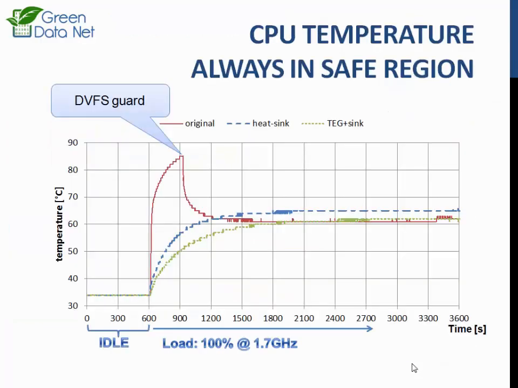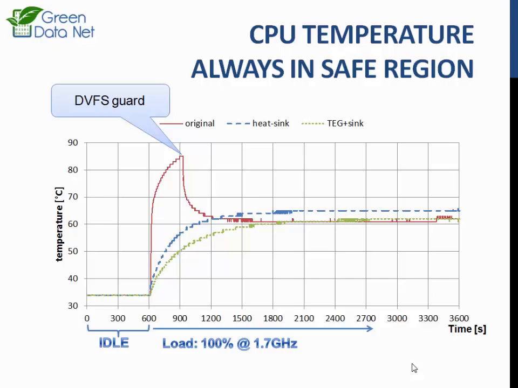We also tested the thermal stability of the system, of course, because since you are performing some computation on the microprocessor, if the microprocessor is without any heatsinks, at full load and full frequency, you very quickly reach the maximum temperature. Then an internal power management guard will decrease the frequency of the processor, just for the safety of the processor itself.